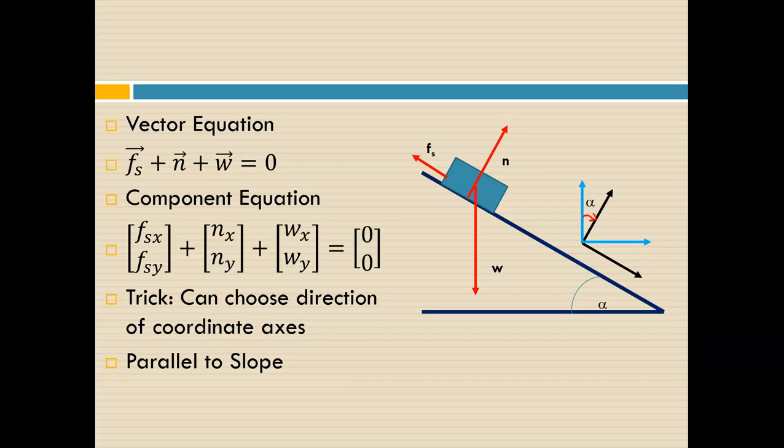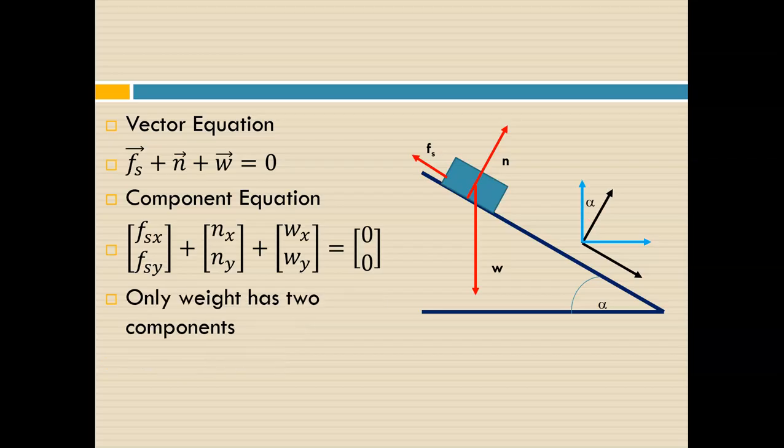Now, by doing this, we see that our frictional force is going to have strictly an x component, and our normal force is going to have strictly a y component. We now have to find the components of our weight, and so we just draw the parallel and the perpendicular components.